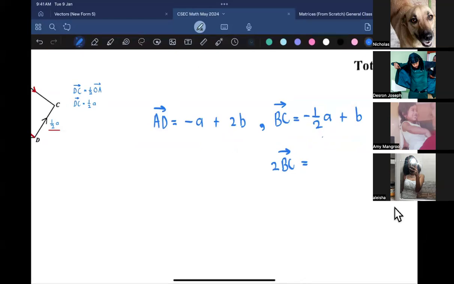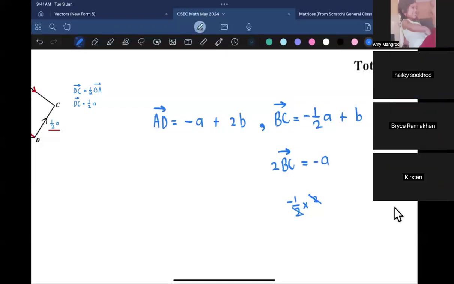It will be minus 1A, which is just minus A. And what is 2 by B? 2B.